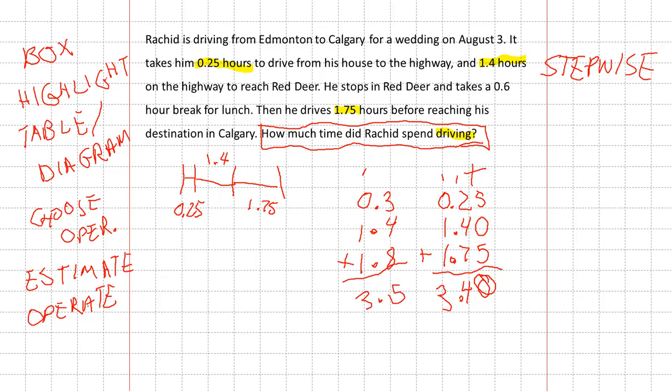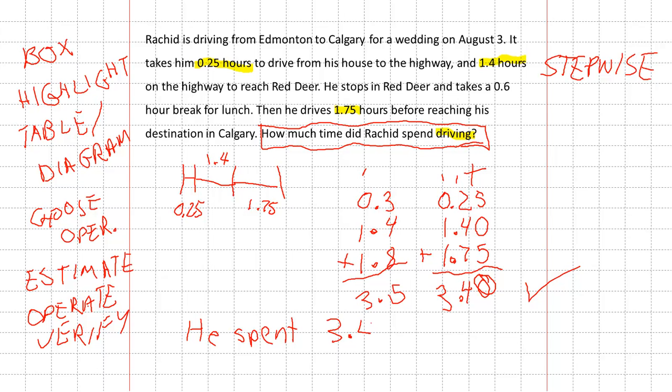Then our last step here is to verify. So when we verify, does 3.4 look very close to 3.5? You betcha. One other thing that's nice to do is to write a statement. So he spent 3.4.